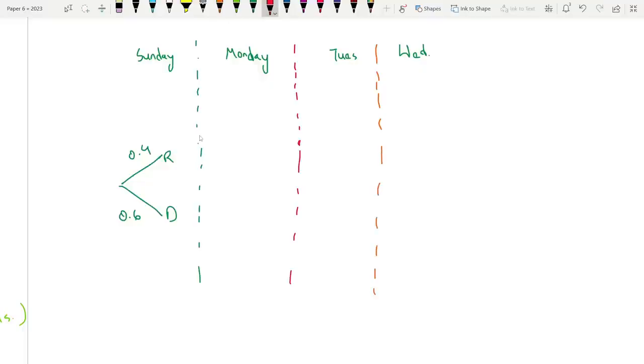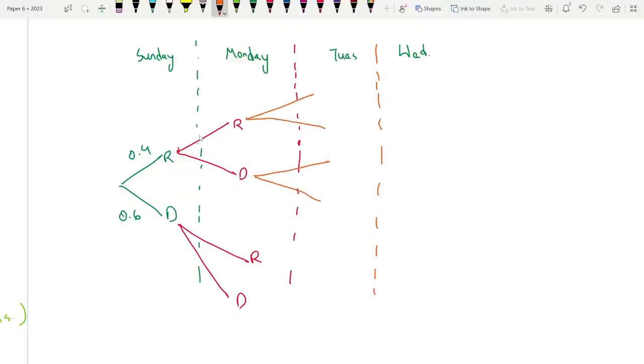I'm just drawing all the branches first, okay? So this has two branches: rains and does not rain. This also has two branches. The next one has four branches in total, each with rains and does not rain.